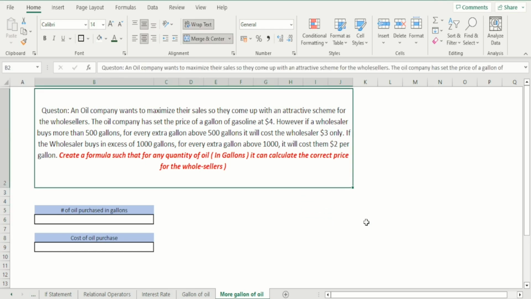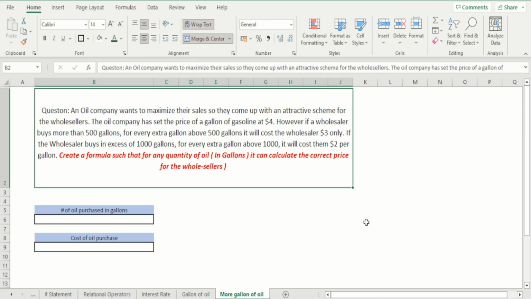So this is an extension of the same problem that we just looked at. There's an oil company which wants to maximize their sales. So they've come up with an attractive scheme for the wholesalers. The oil company has set the price of a gallon of gasoline at $4. However, if a wholesaler buys more than 500 gallons, then for every extra gallon above 500, it'll cost the wholesaler $3 only.